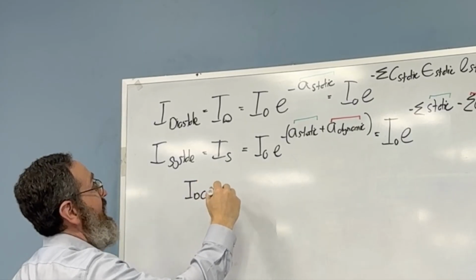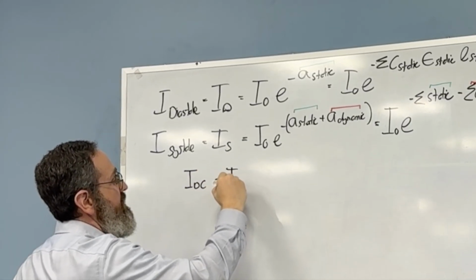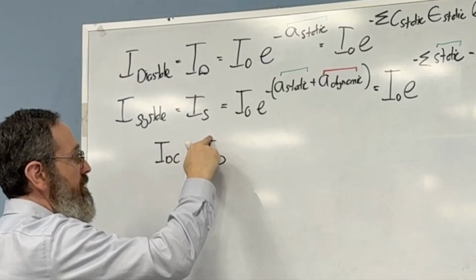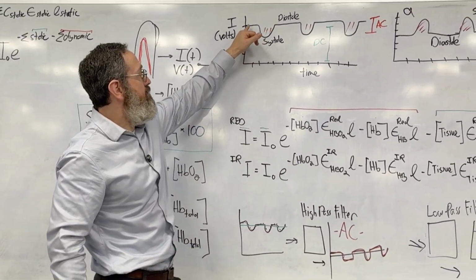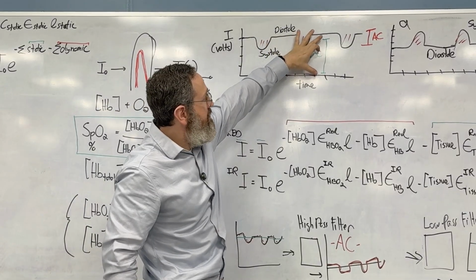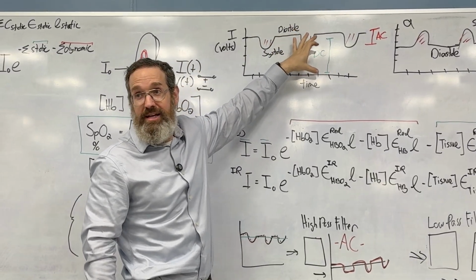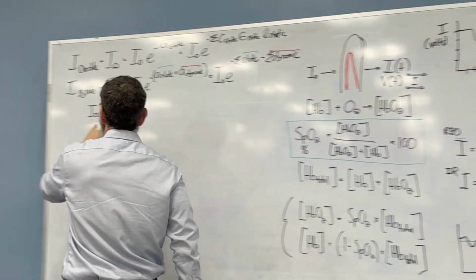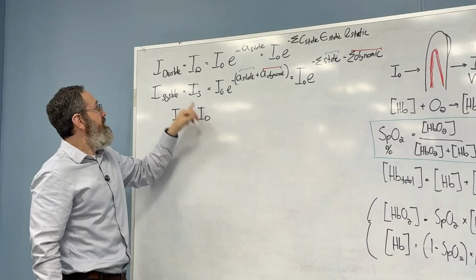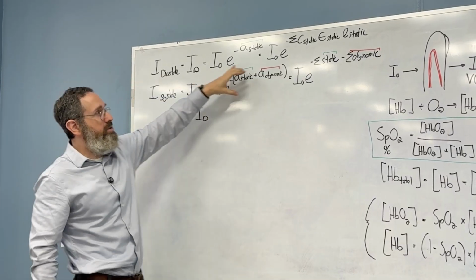Now, the IDC is actually the I diastole. What do I mean by that? The intensity that I measure, the intensity that I extracted in the DC case, is the I diastole. I sort of defined it that way, right? The DC component is this. Let's say there was no blood flow. Let's say blood flow stopped.